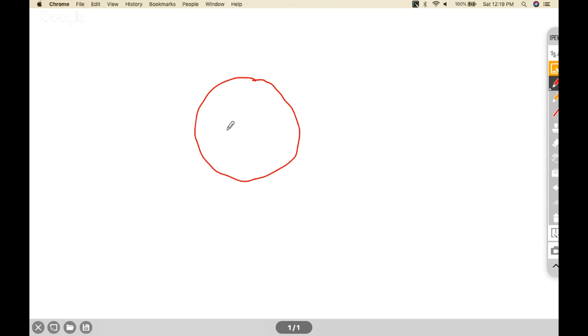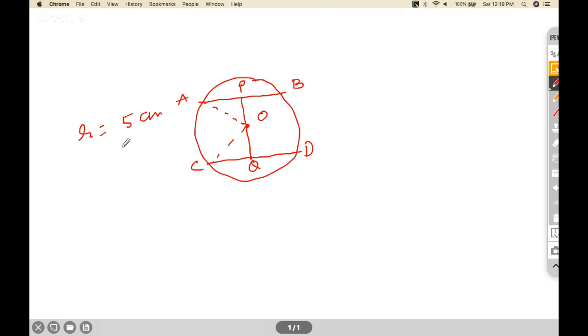This is CD, a chord, and this is AB, a chord, and this is PQ, and this is center O. R is equal to 5 centimeters, AB is equal to 8 centimeters, and CD is equal to 6 centimeters.